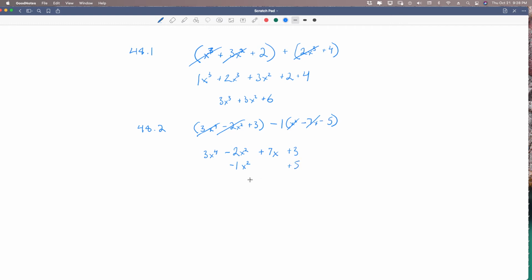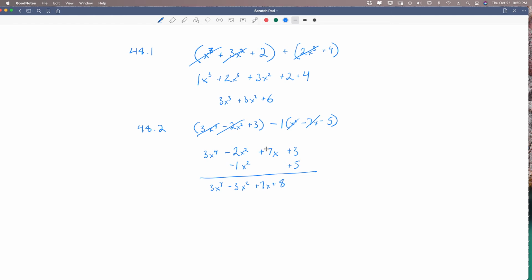Now this stacking method allows me to draw a line and say 3x to the 4th minus 3x squared plus 7x plus 8. This is a way that you can do this that just kind of organizes your numbers a little bit better. It's entirely up to you if you want to use it.